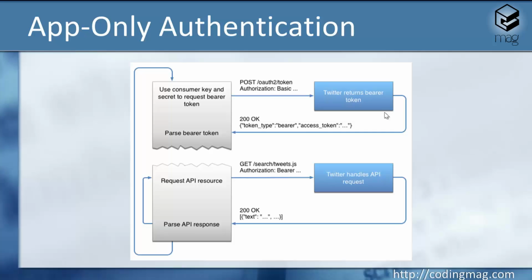So let's see how app-only authentication works. The first thing to note is that app-only authentication provides limited functionality compared to three-legged authentication or pin-based authentication. In the worst case, you can query Twitter and get tweets back. So it has limitations, but it serves our purpose, because we will just be querying Twitter with read-only access.